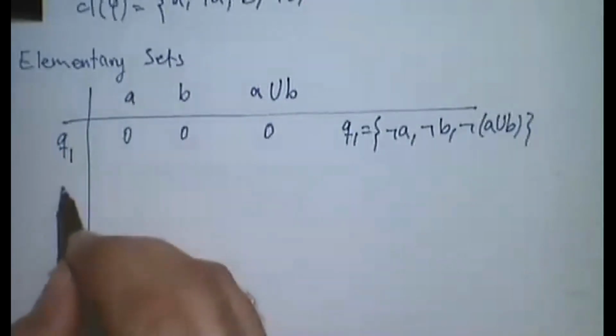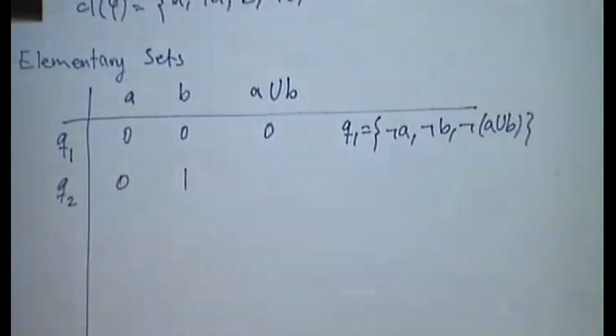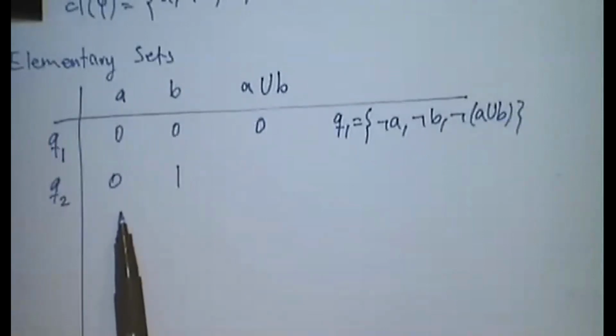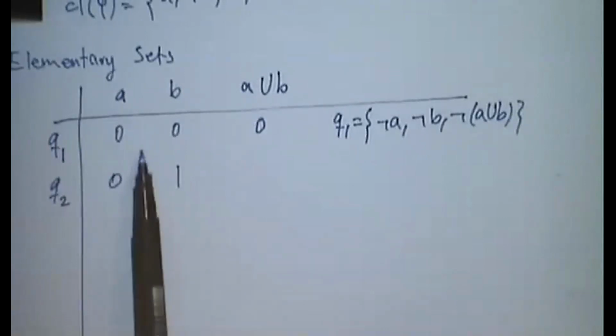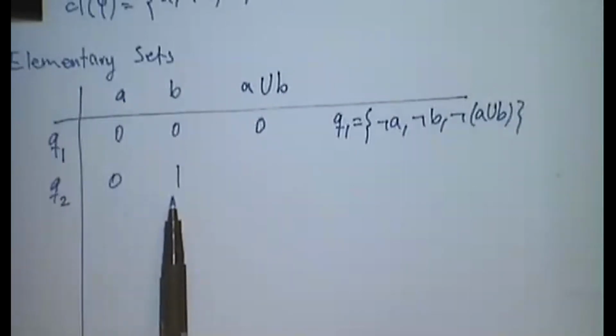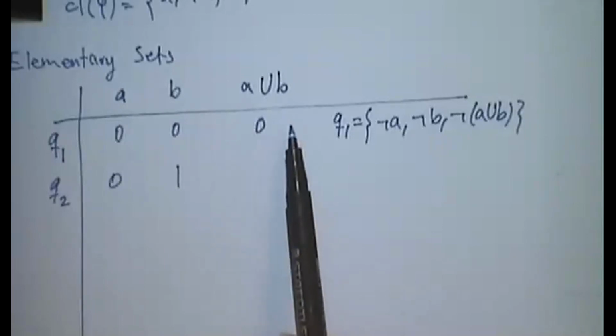Okay. Now let's do Q2. Let's say this is 0 and this is 1. So I'm accepting all the strings that do not have A in their first letter, but have B. What happens with A until B in these strings? A until B would be satisfied.